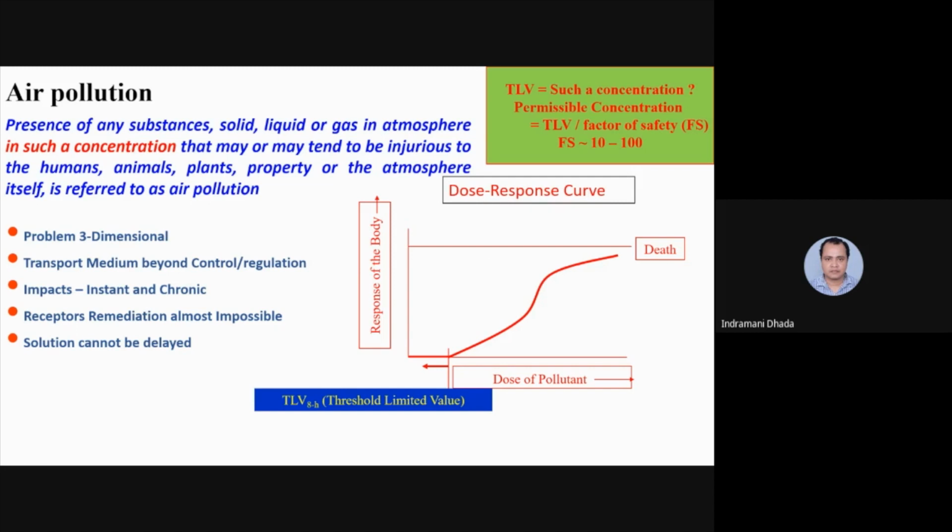Basically, the presence of any substance, whether solid, liquid or gas, in the atmosphere in such a concentration that it tends to be injurious to humans, animals, plants, property or the atmosphere itself is referred to as air pollution. So first, the pollutant may be solid, liquid, or gas. We cannot say an air pollutant is always a gas.